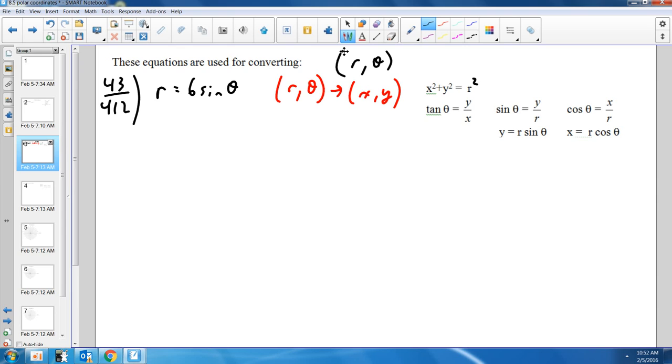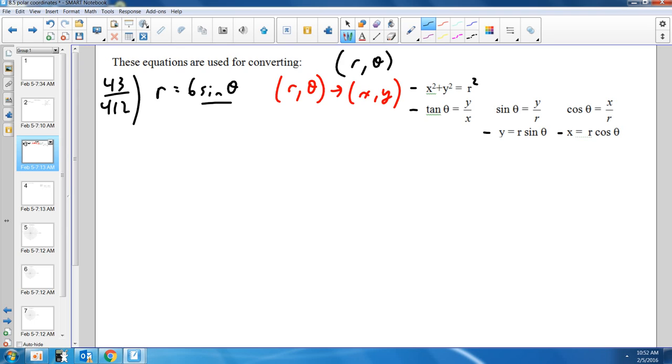And so we're going to turn to our equations that will help me convert. All of these 4 are going to be ones that will take my r thetas and turn them into x's and y's. So when I look at this equation, I'm going to see that it has to be exactly right in order to convert. Sine theta is not the same thing as r sine theta.